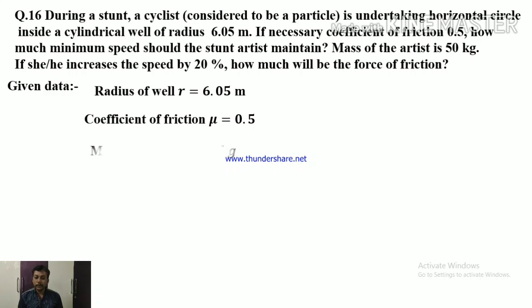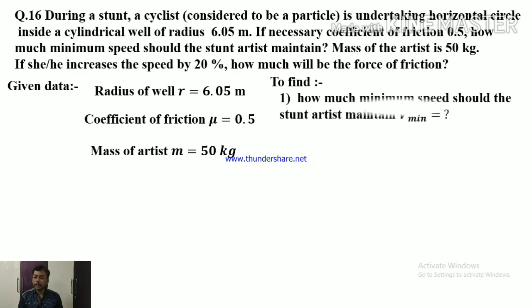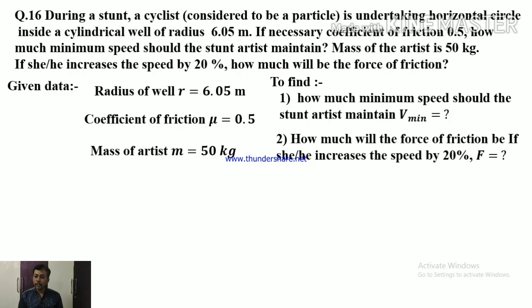Mass of artist 50 kg. To find, we have to find here minimum speed, that is how much minimum speed should the stunt artist maintain, and how much will the force of friction if she or he increases the speed by 20%.